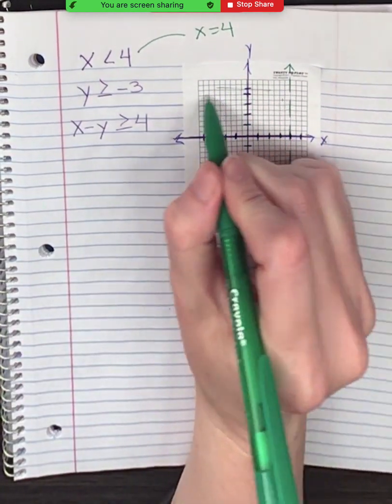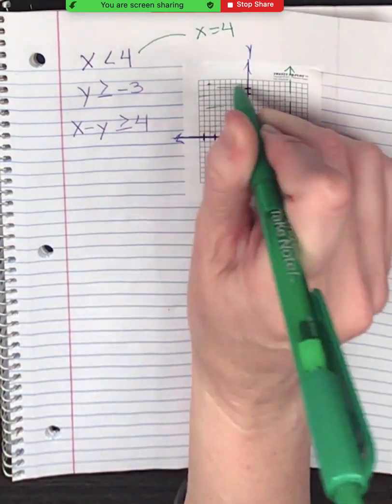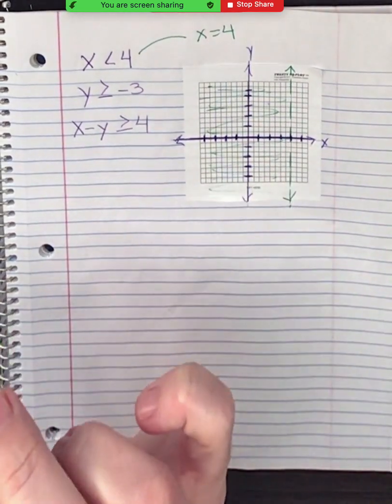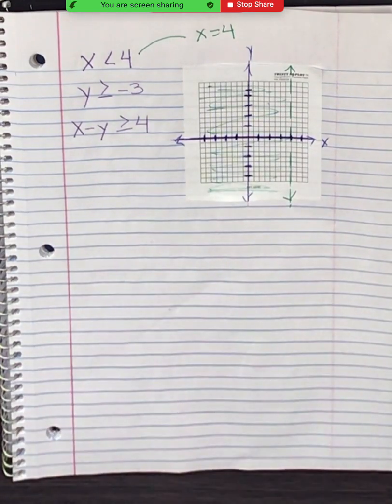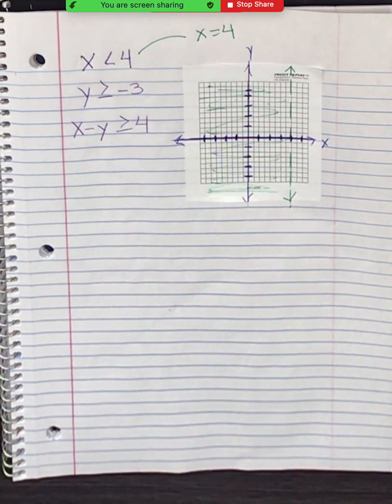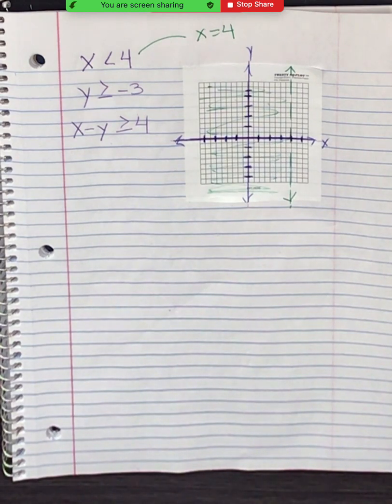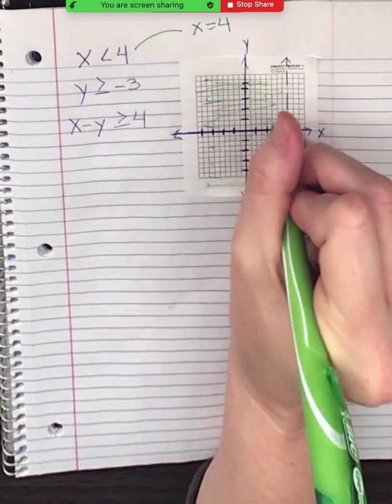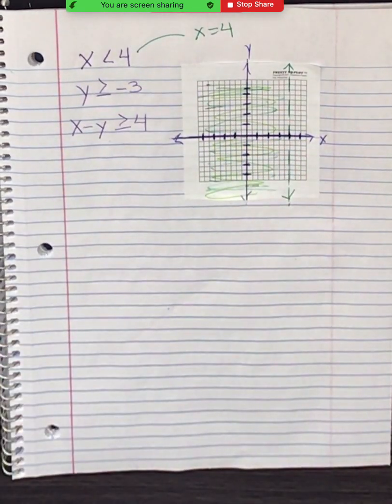So that's going to be here. I suggest using different colors, okay? It's going to make it easier to see where they overlap. So we're going to say it's in here. Okay, that's the first one.